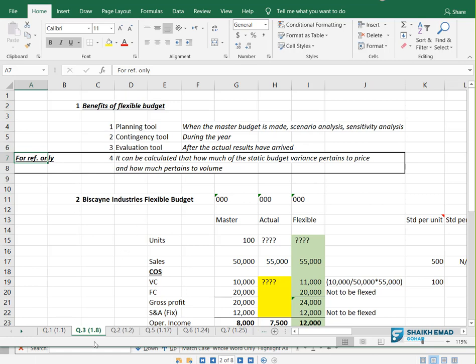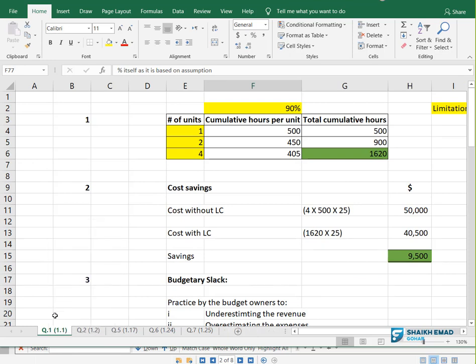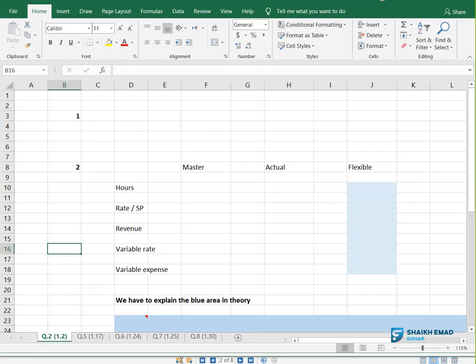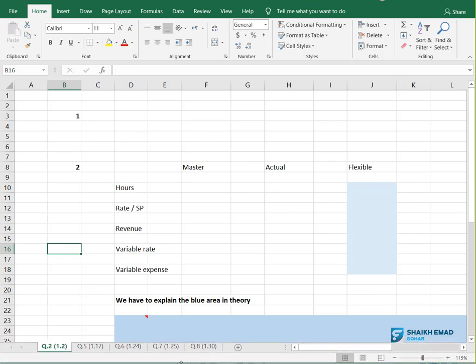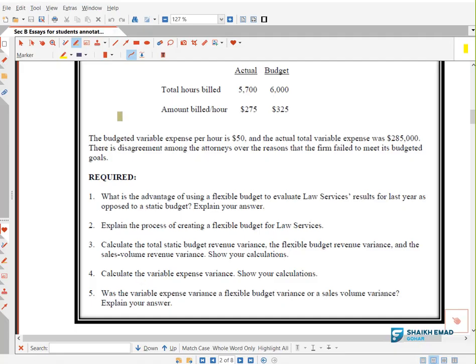Now when I come to this question, let me hide this again. We are on question number 2, and we have the question here. They are saying, what is the advantage of using a flexible budget to evaluate this company's results?